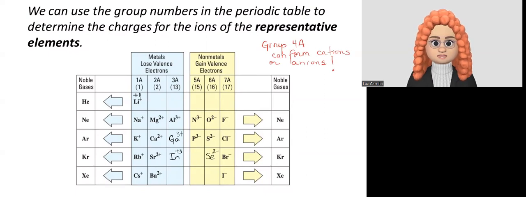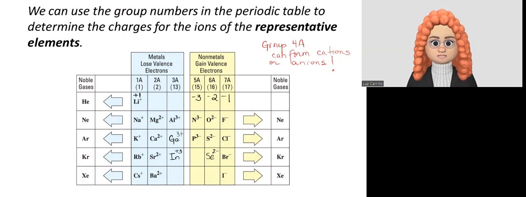And lastly, when it comes to the halogens in 7A, each of them can only gain 1 electron in order to obtain their noble gas. So that's why the charges overall for them in 5A is -3, in 6A is -2, in 7A is -1.